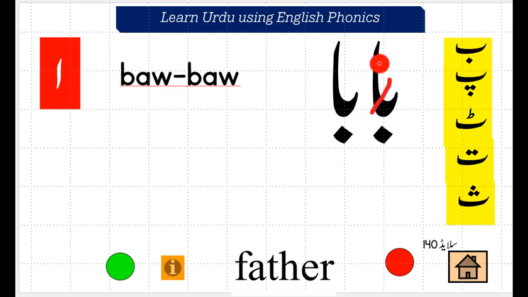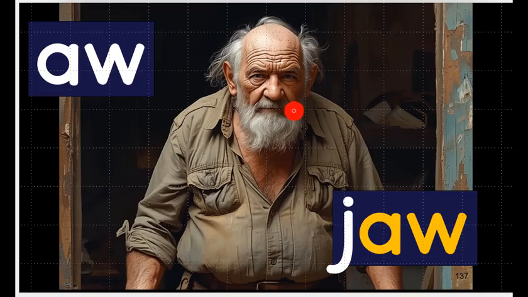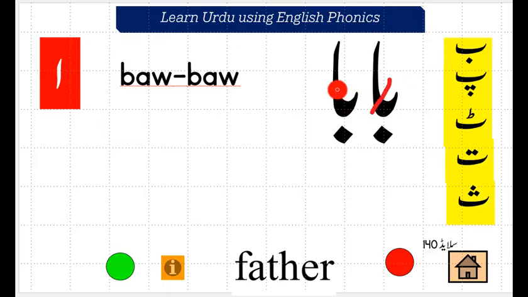Ba, followed by a. Because Mr. A doesn't have a joining form, we need to put a space, so we have put a space over there. Then again ba, yes, baba. From here, this dash represents that there's a space inside. There are two sounds, so these are four-letter blends.